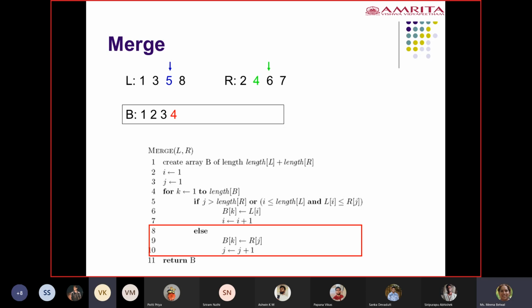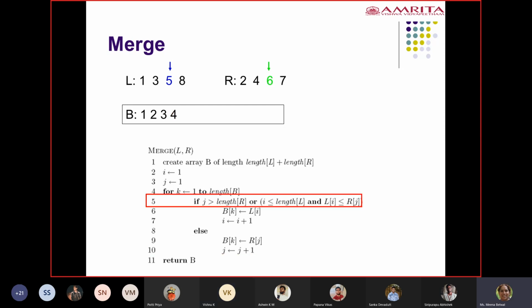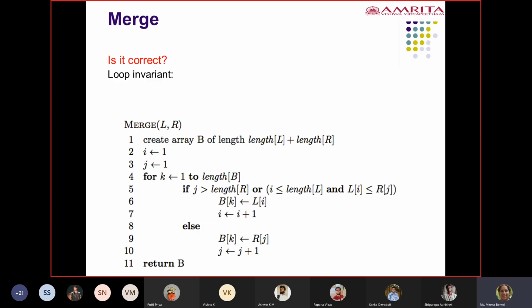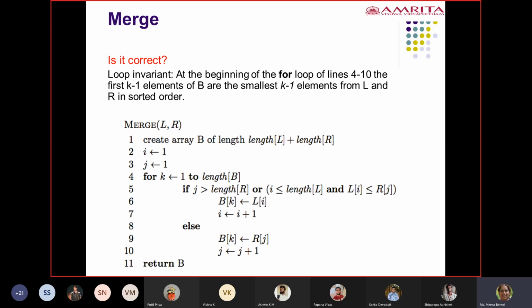Ma'am, after n iterations, n elements will be in the sorted list. In your final output, if there are two iterations, you have the first two elements which are sorted, right? Yes. So loop invariant at the beginning of the for loop of lines 4 to 10.